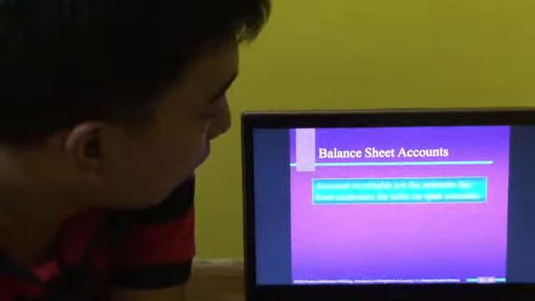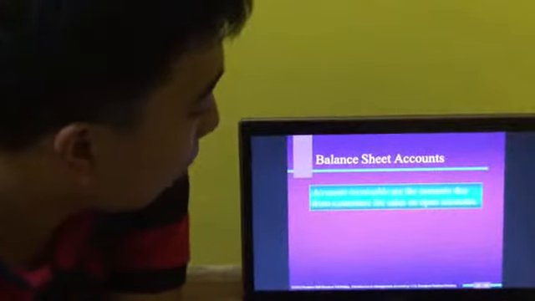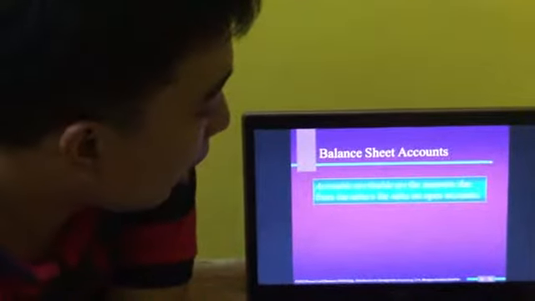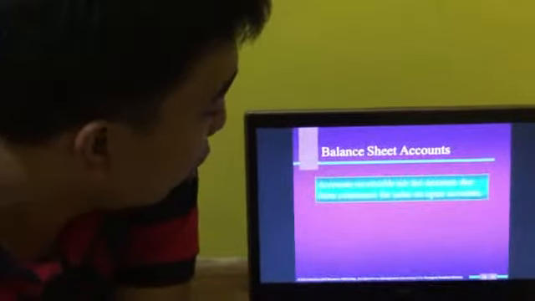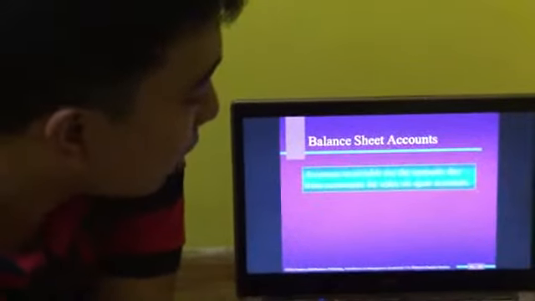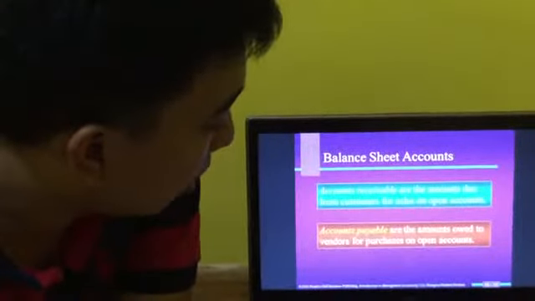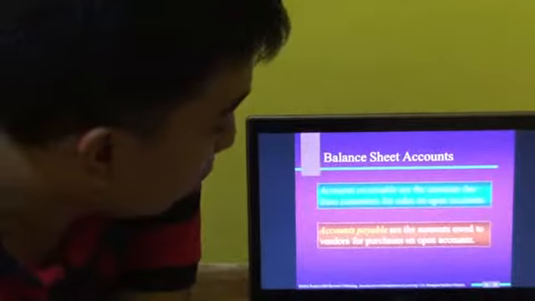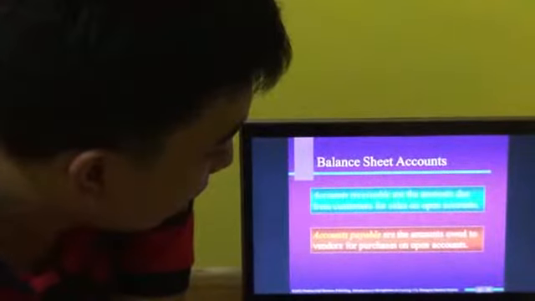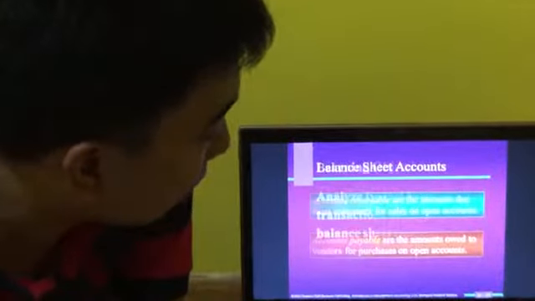Accounts receivable are the amounts due from customers from sales on open account. Accounts payable are the amounts owed to vendors for purchases on open account.